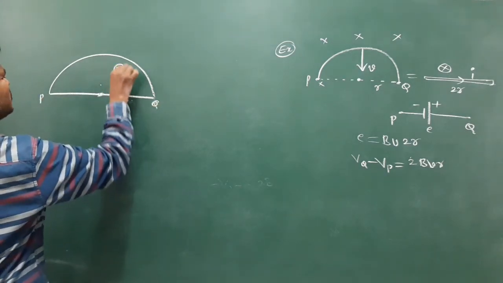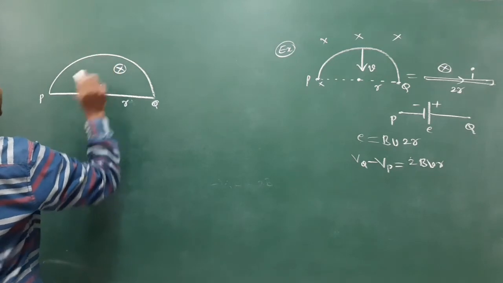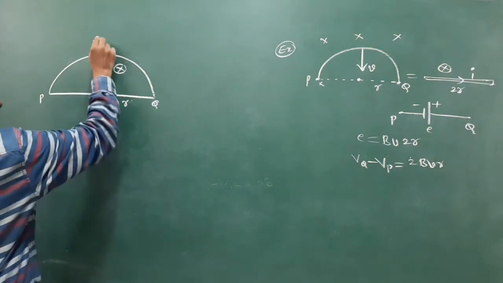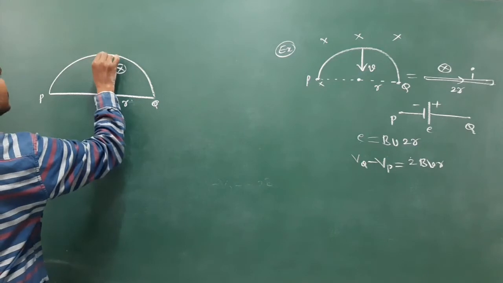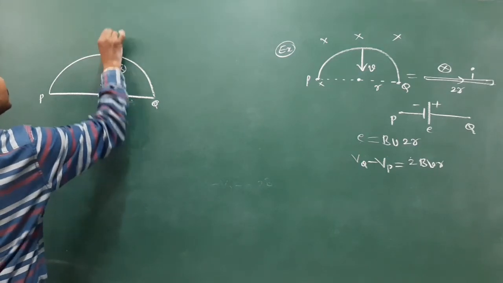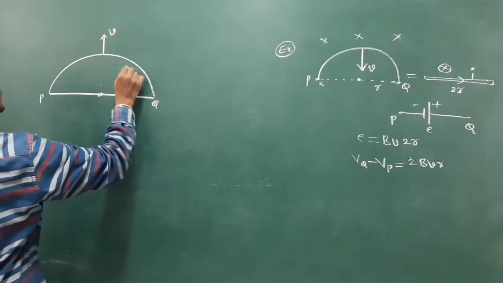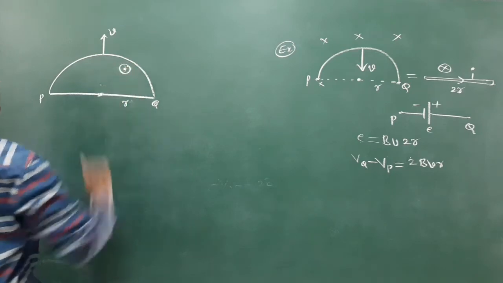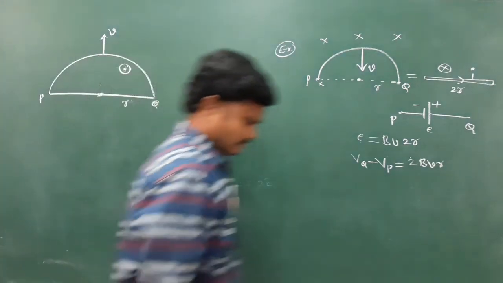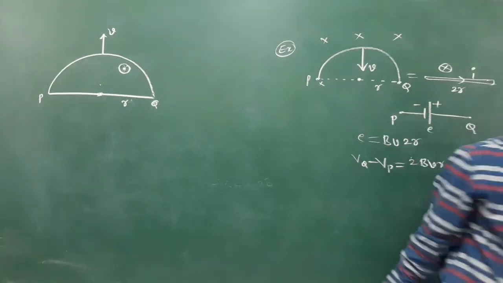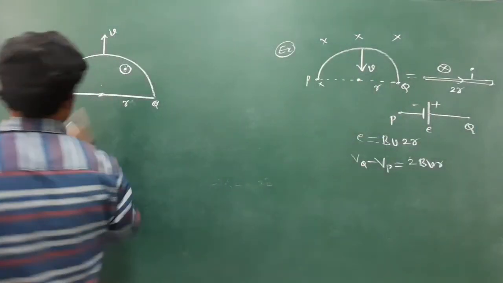Now the field is into the board. It moves with a speed V. Let us take the field as out of the board. Here a wire is given. This wire also, one more wire.